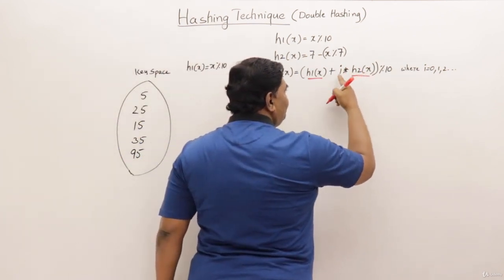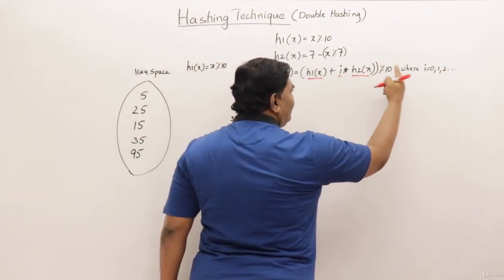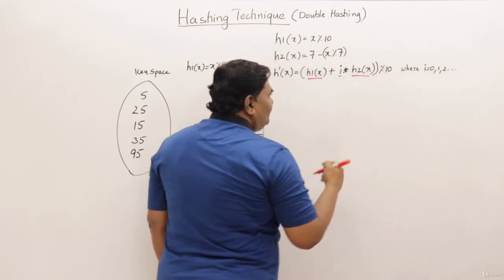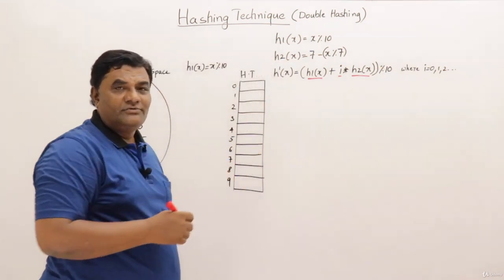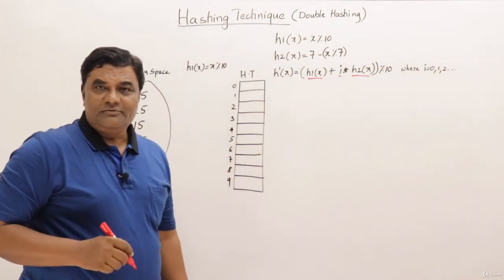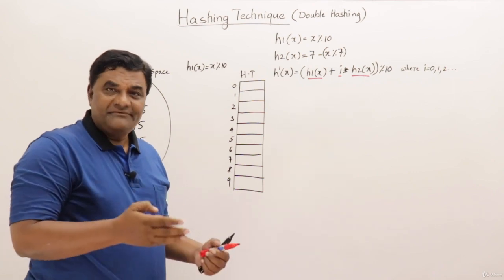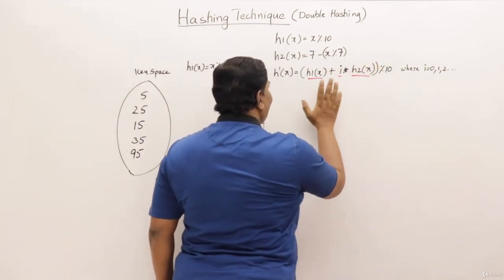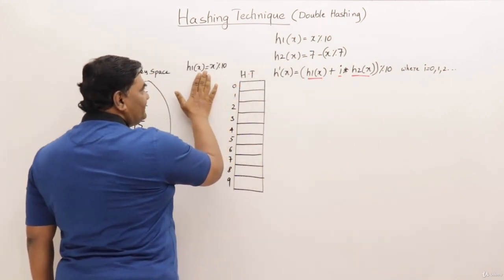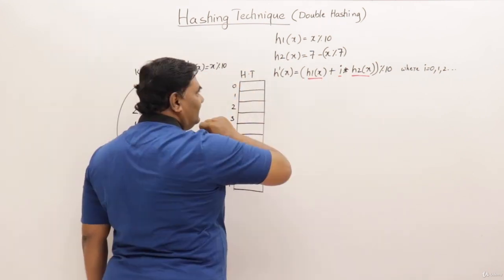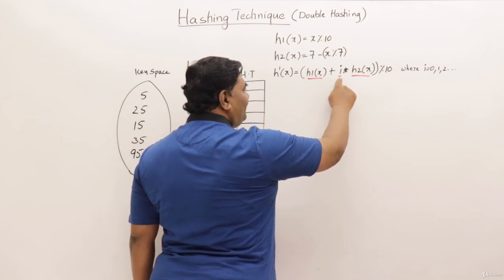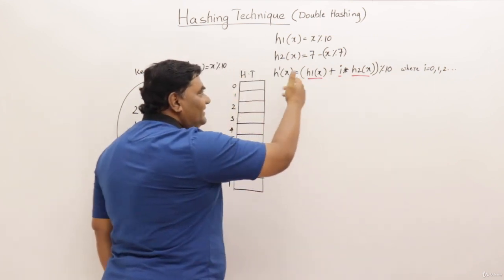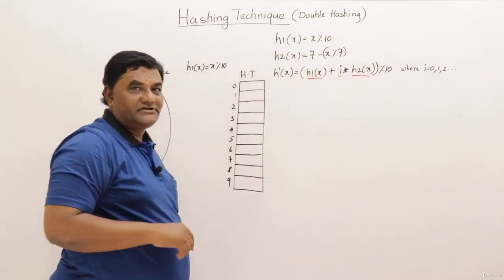Here i takes the value 0, 1, 2 onwards. So it is similar to linear probing and quadratic probing. When you are using it the first time, the i value will be 0, so this is of no use. So we can say that directly we will use h1 for the first time. Second time onwards, i value will be 1, then this is considerable, and we can use this modified hash function.